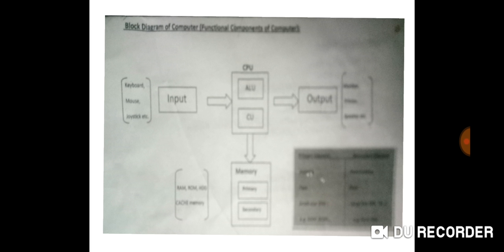Here we see we have input block, and then we have CPU, down we have memory block, and at the right we have output block.